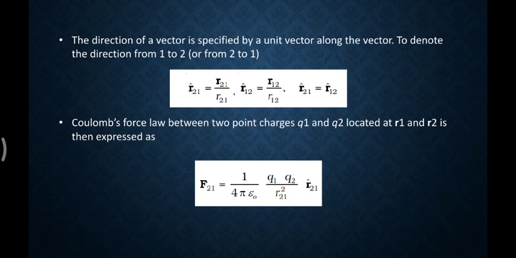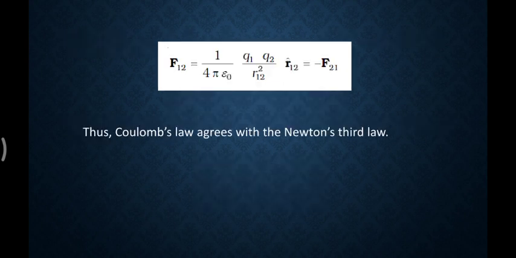The vector F21 is equal to 1 upon 4 pi epsilon 0 q1 q2 upon r21 square into the unit vector r21. Then the same thing if you write for F12, the force felt by particle number 1 due to 2, is the same as k q1 q2 upon r square. Now k will be 1 upon 4 pi epsilon 0, q1 q2 as it is, and r will be r12 square, and this is all about magnitude, and the unit vector is r12.